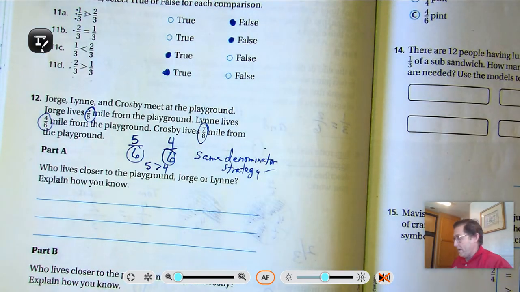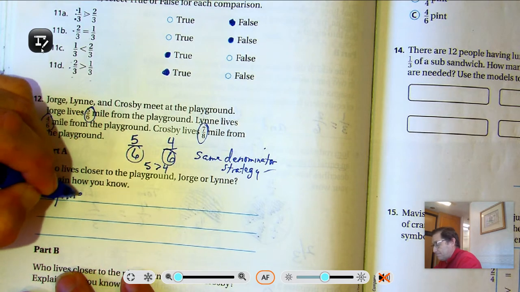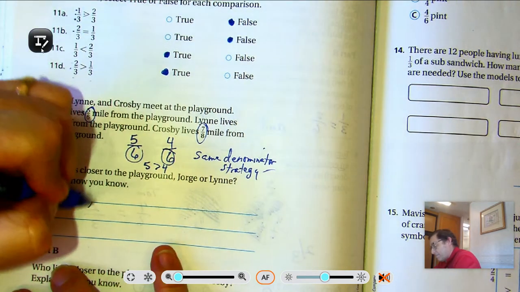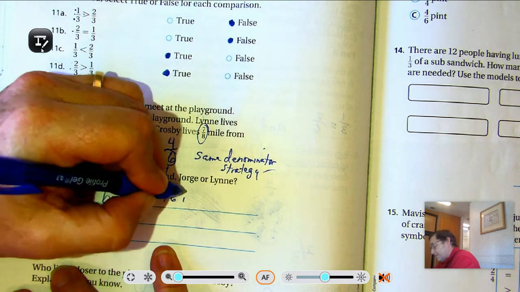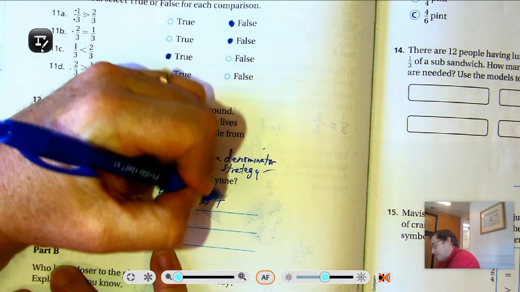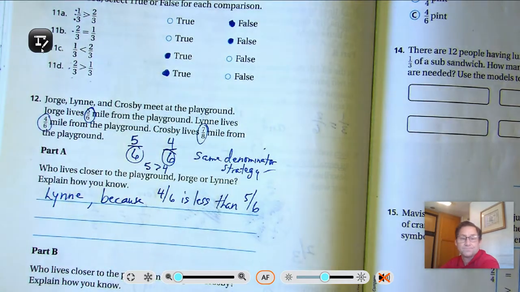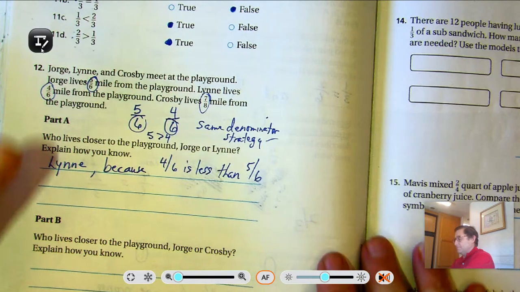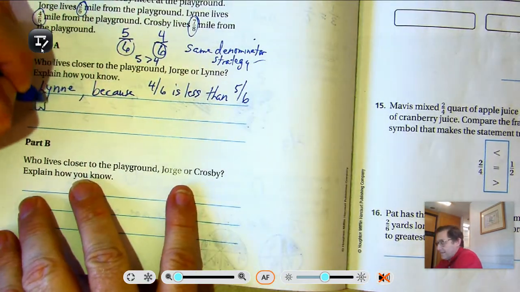It's farther away. So Lynn lives closer because 4/6 is less than 5/6. Which means Lynn is closer.